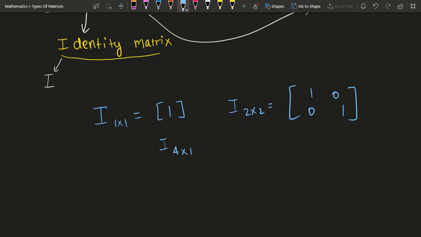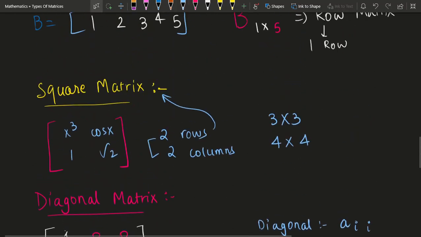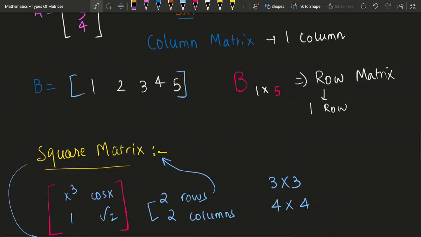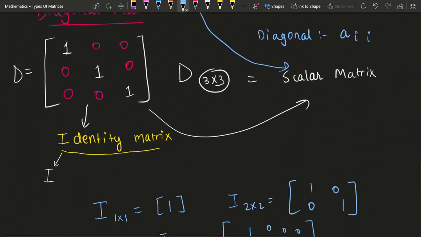I 4 cross 4 is equal to 1, 1, 1, 1, and then all other entries become 0. An identity matrix only applies to square matrices. So we started with a square matrix, went to a diagonal matrix, from diagonal matrix to scalar matrix, and from scalar matrix to identity matrix.